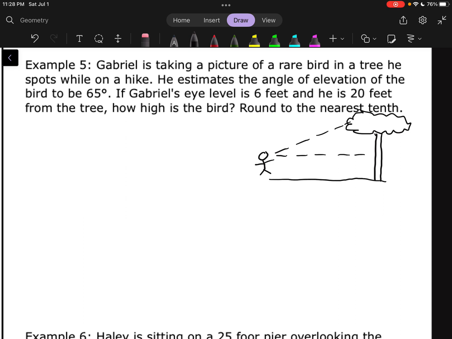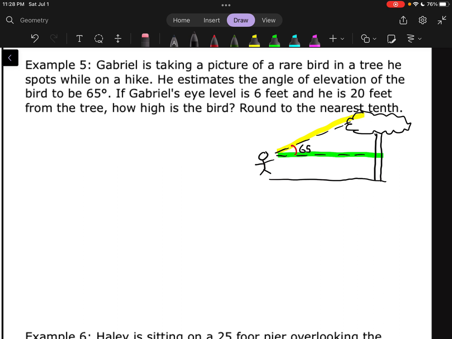So this is kind of the situation we've got going on here. It's like the very first drawing that we did. These ones are a little bit trickier because they have some more numbers flying around that we have to be careful of. Now, the angle of elevation is 65 degrees. The angle of elevation, of course, is formed by the line of sight and the horizontal line. So our angle of elevation goes right there, and that's 65 degrees.